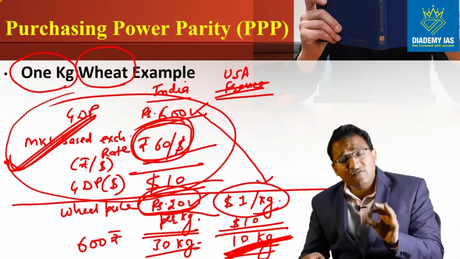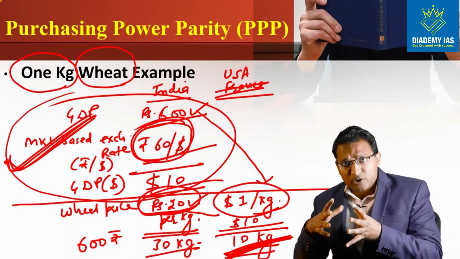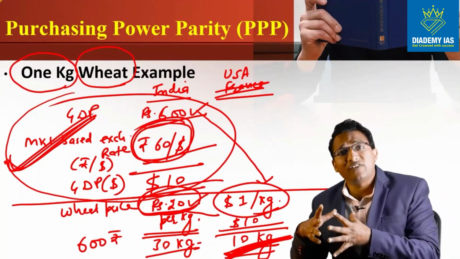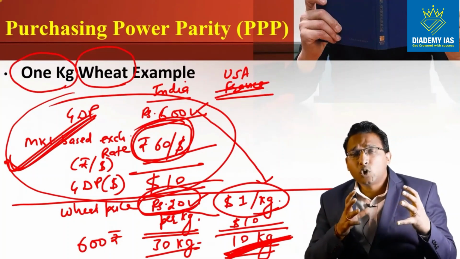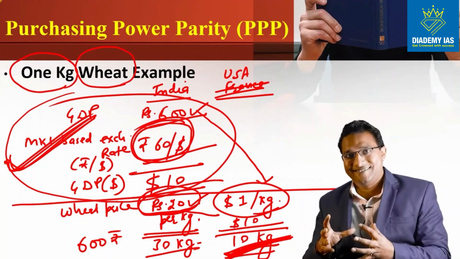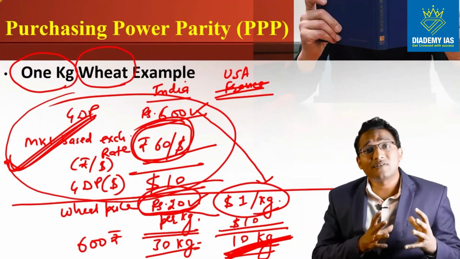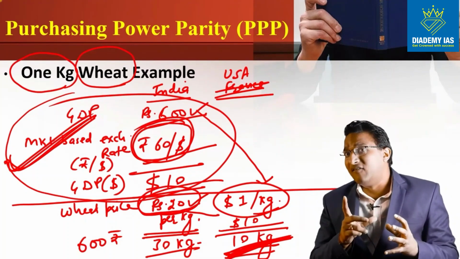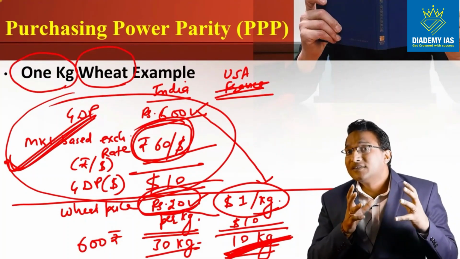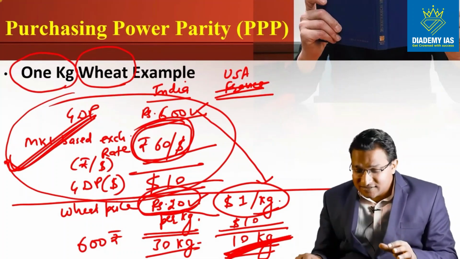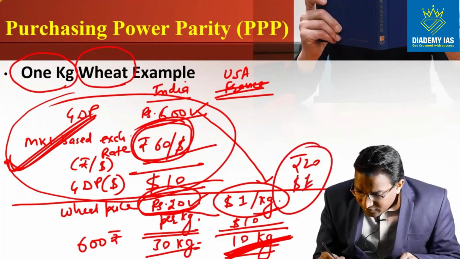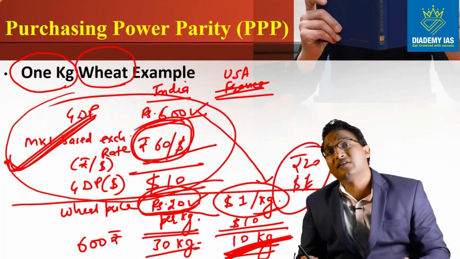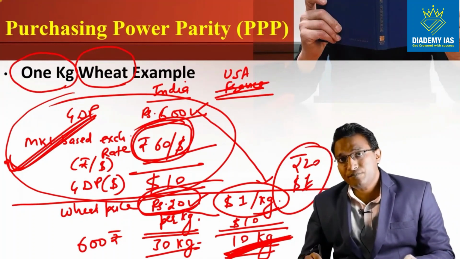So if we see from the perspective of the buying capacity of the currency, the exchange rate is actually 20 rupees per dollar. If we see from the perspective of purchasing power of the currency, then the exchange rate is how much? 20 rupees per dollar. This is the right way, right?